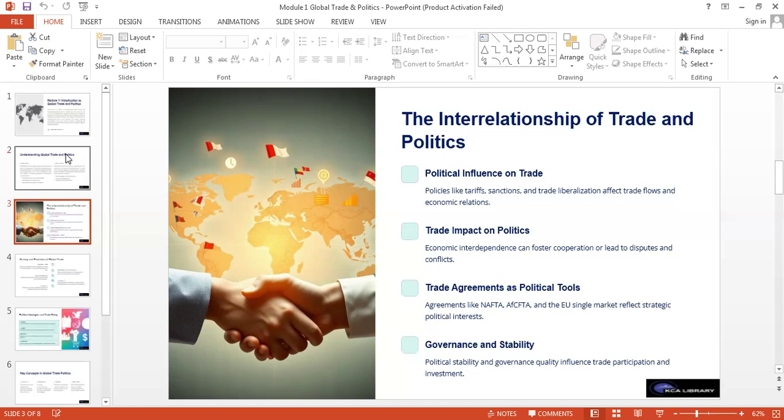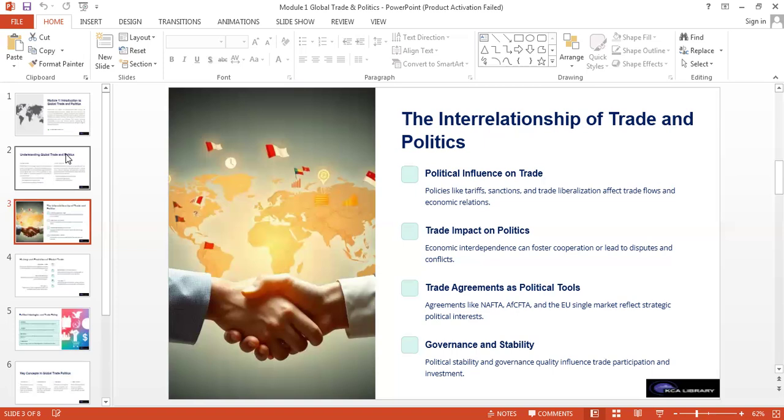When we talk about the interrelationship of trade and politics, political sectors have influence on trade, in the likes of policies like tariffs, sanctions, and trade liberalization, which affect trade flow and economic relations. So policies that are made by the government actually affect trade flow.